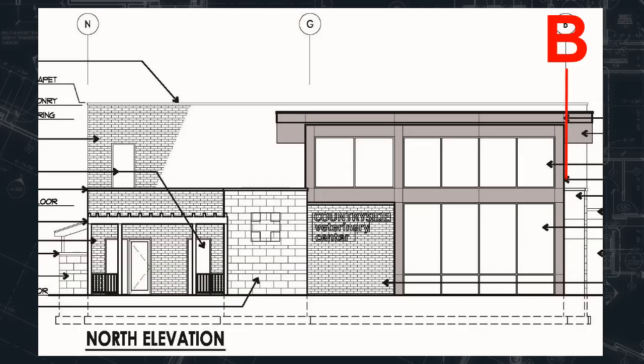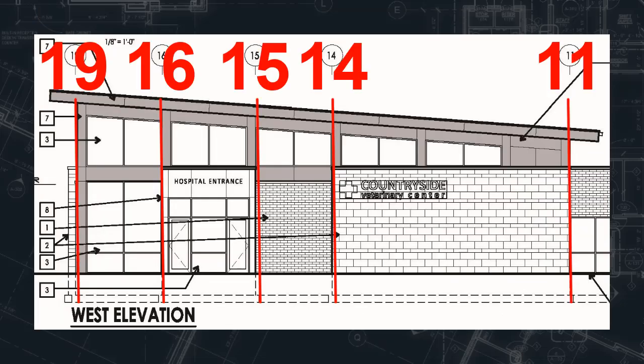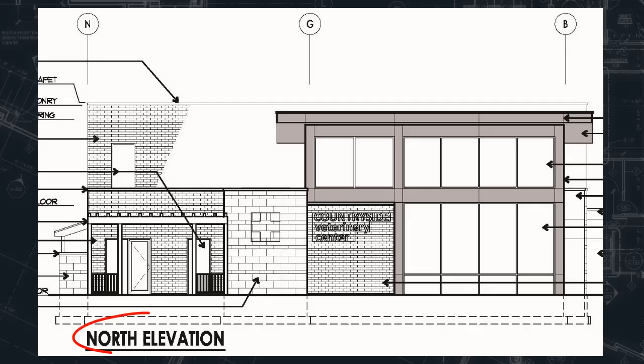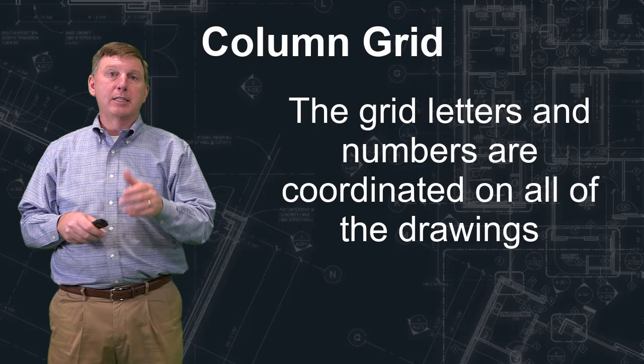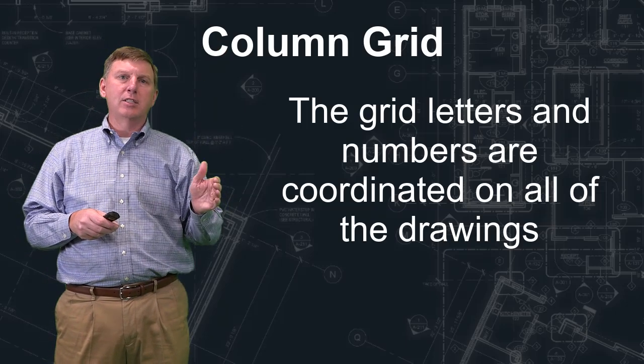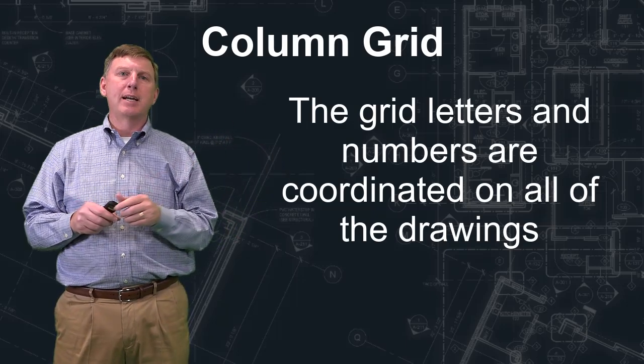So you'll see A, B, C, D along an elevation, or 1, 2, 3, and so on, along a different elevation. It depends on the direction of the elevation. But it's still a great reference, because if you see A on the elevation, you know it lines up with the same A that was going along the plan.